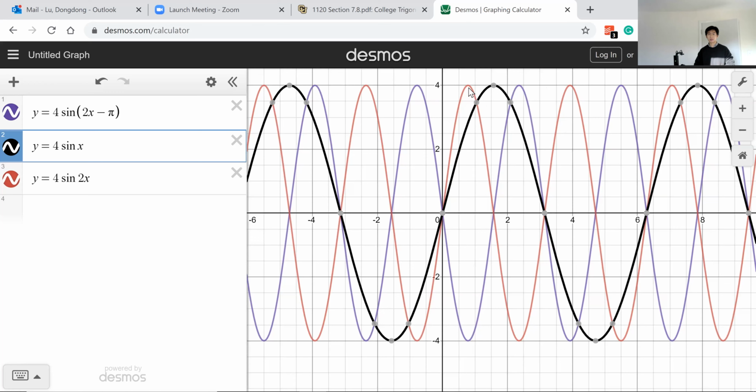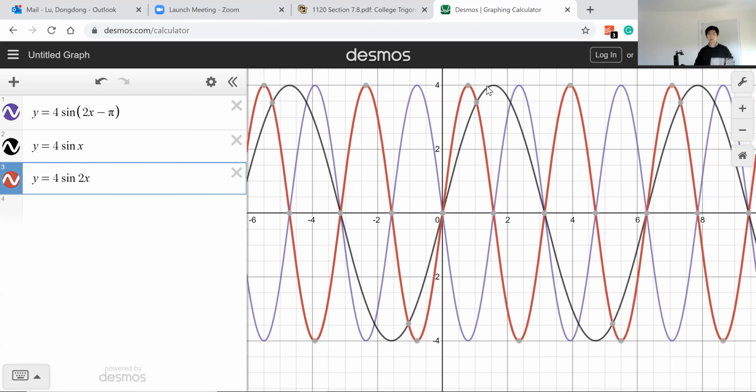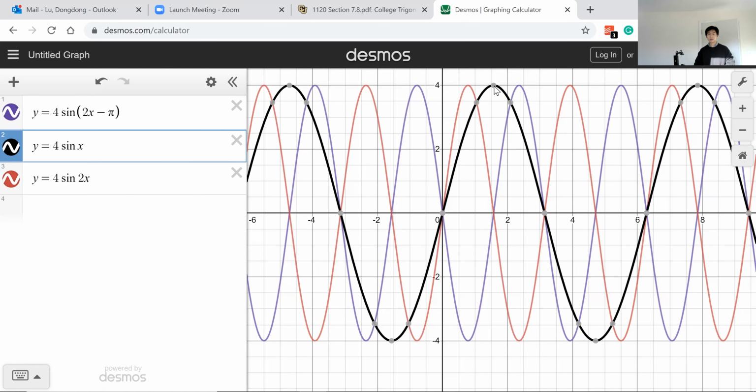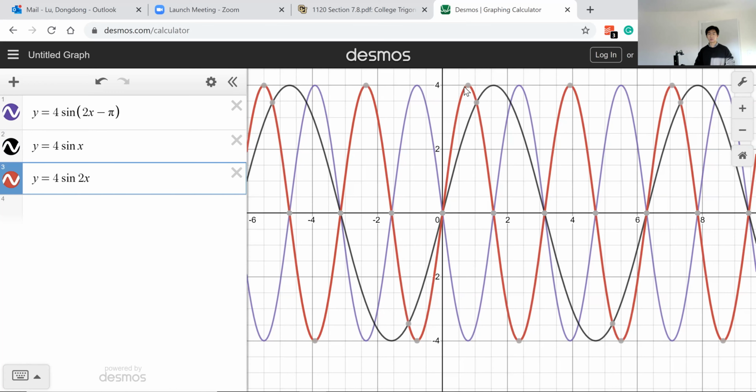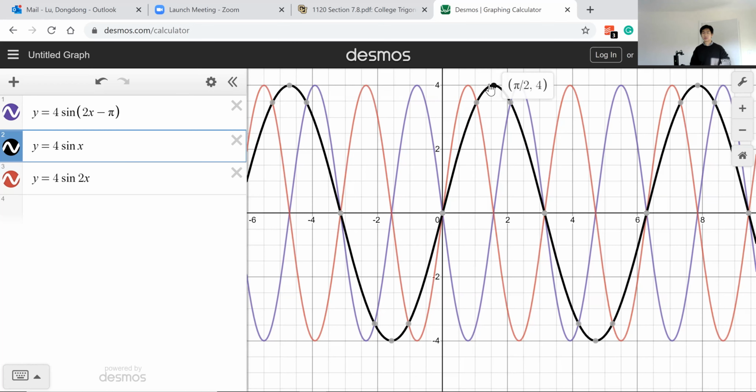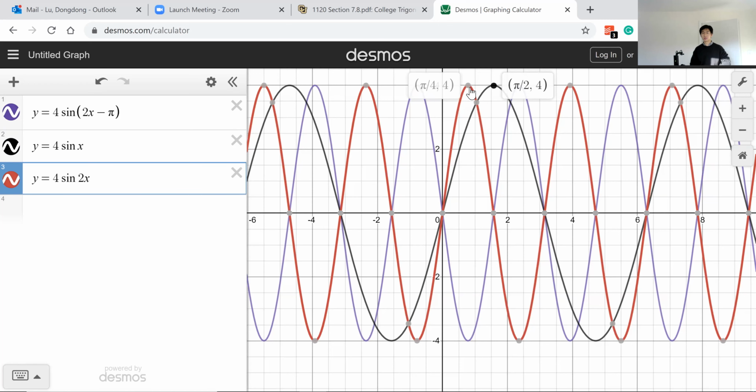The red line is the new function we're drawing. Now you see, once we multiply by 2, the red line oscillates or fluctuates more frequently than the black one. The black one finished one period from here to here. However, the red line finished 2 periods from here to here. With the same distance, it finished 2 periods.